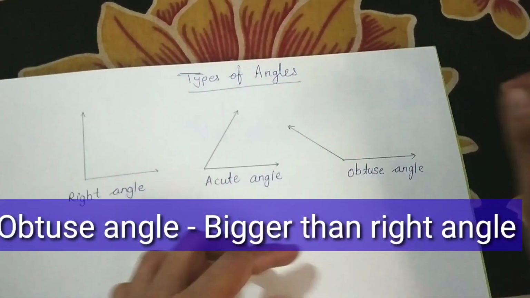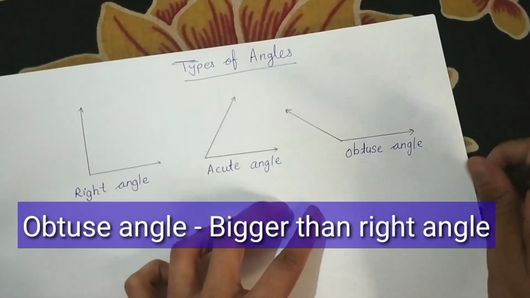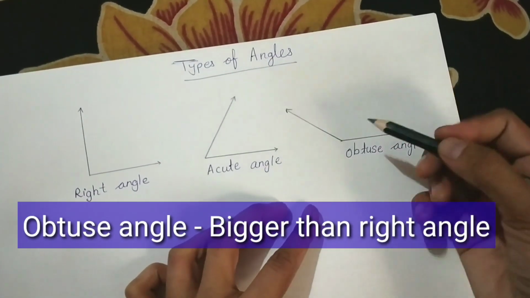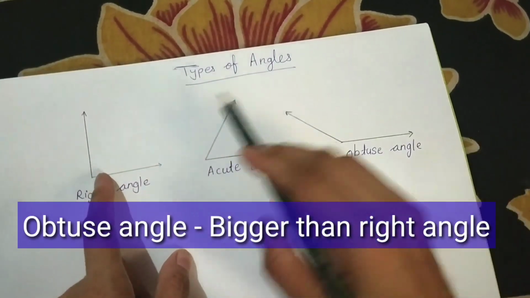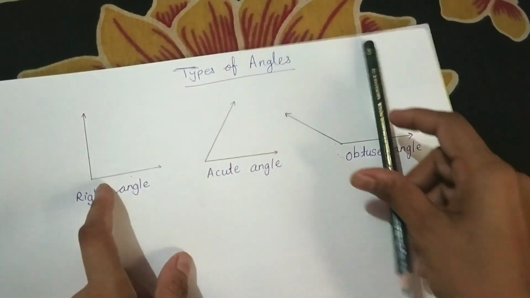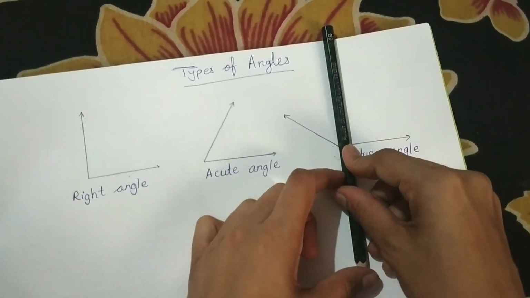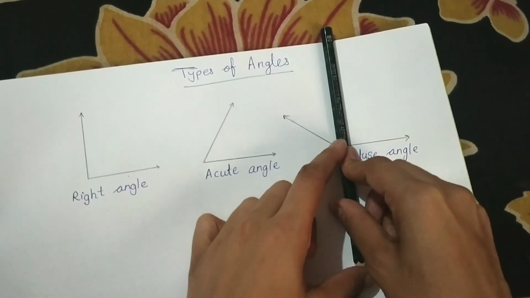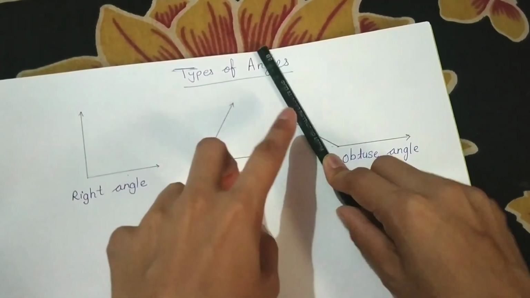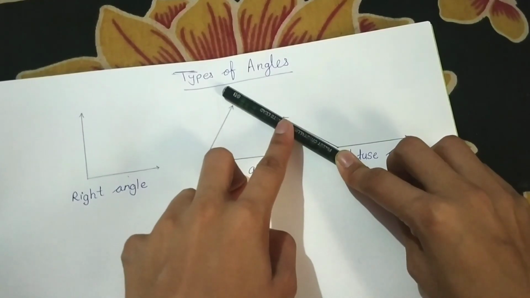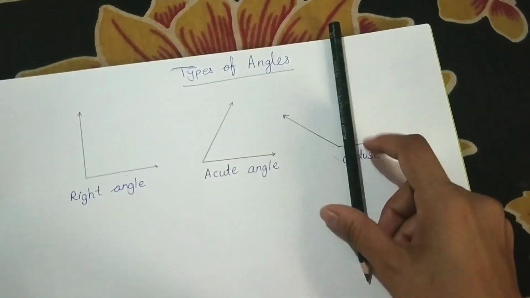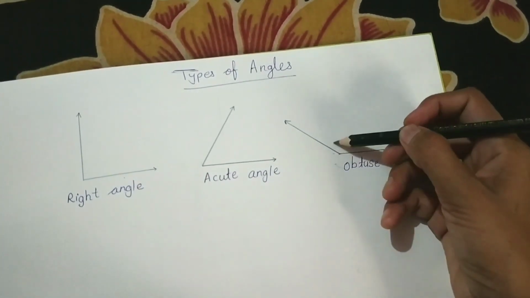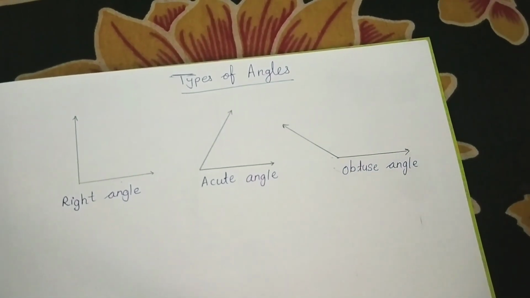And the third one is the obtuse angle. Obtuse angle means the angle which is bigger than a right angle. Look, this is the right angle position and here the obtuse angle is expanded.